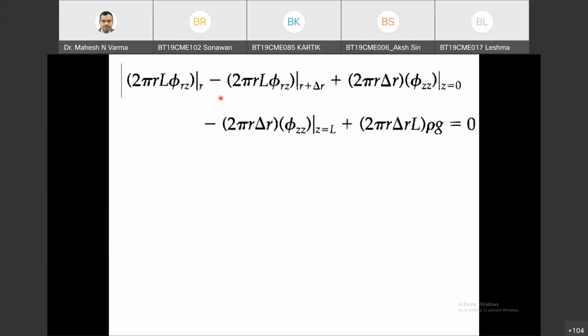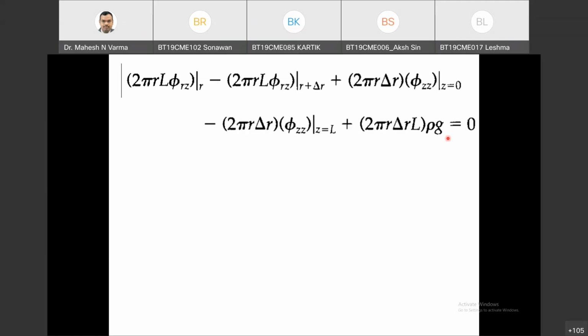This is the rate of momentum coming in, this is the rate of momentum going out, in the r direction and in the z direction. Plus the total forces acting on this system, which will be 2 pi r delta r L rho g, equals 0. This will be the overall shell momentum balance equation.